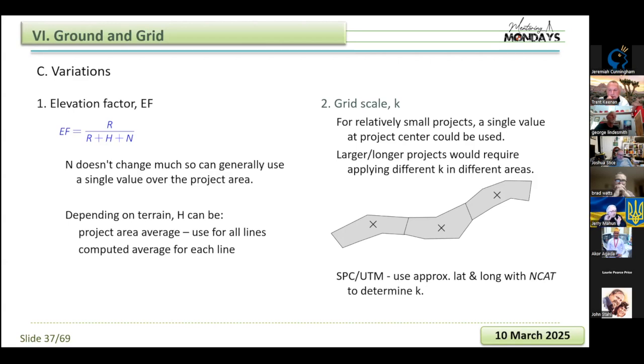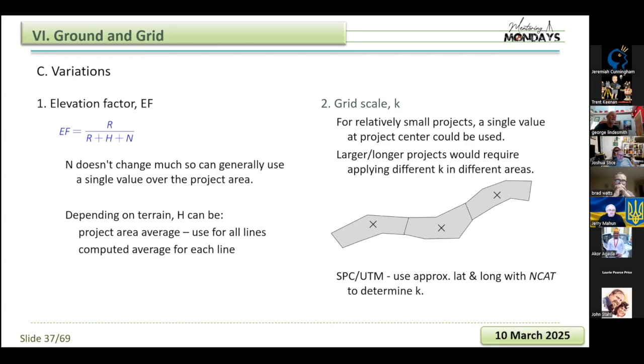I haven't figured that one all out yet, but it's one that I'm kind of wrestling with because, hell, I can't be retired. But anyway, so we normally take, and it's easy enough to grab an elevation for each point off of a topo quad and just use an average elevation for each line.